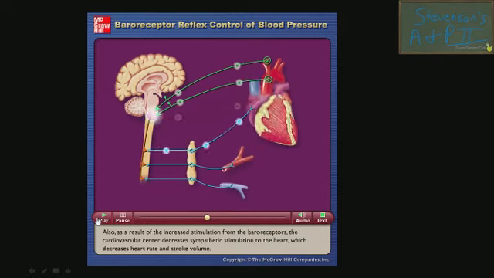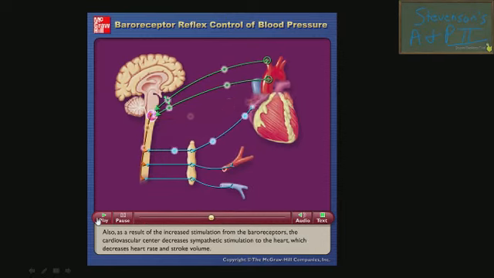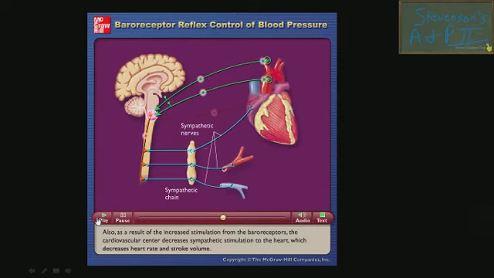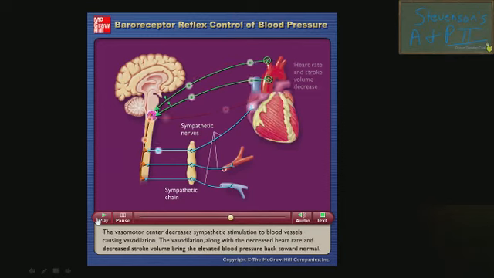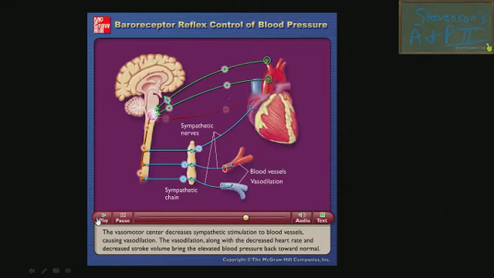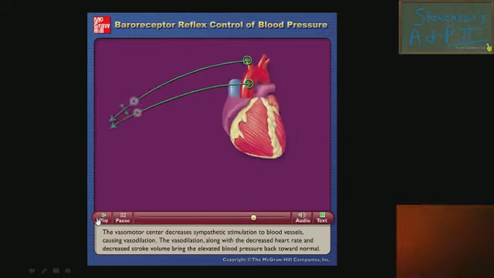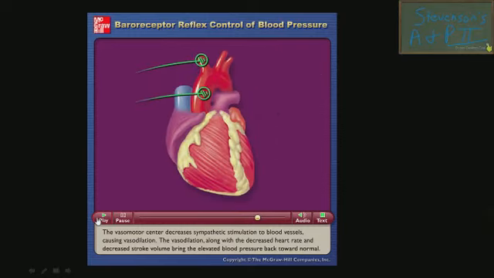Also, the cardiovascular center decreases sympathetic stimulation to the heart, which decreases heart rate and stroke volume. The vasomotor center decreases sympathetic stimulation to blood vessels, causing vasodilation. The vasodilation, along with the decreased heart rate and decreased stroke volume, brings the elevated blood pressure back toward normal.